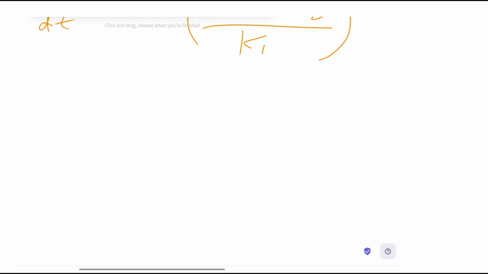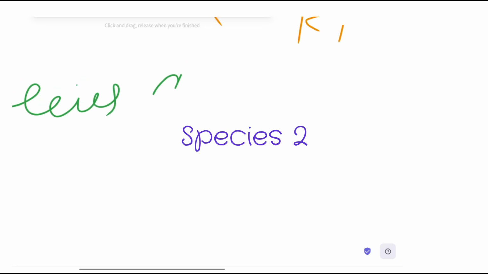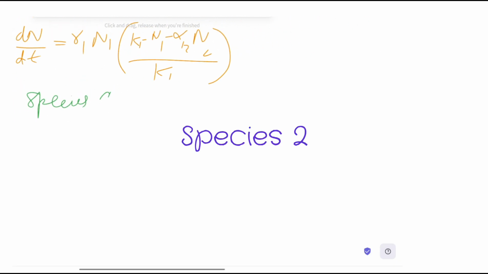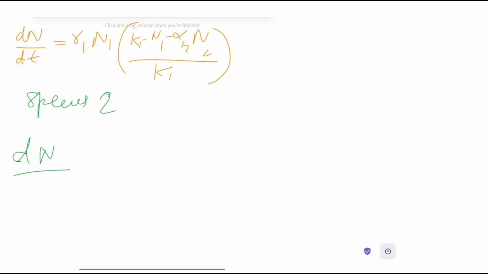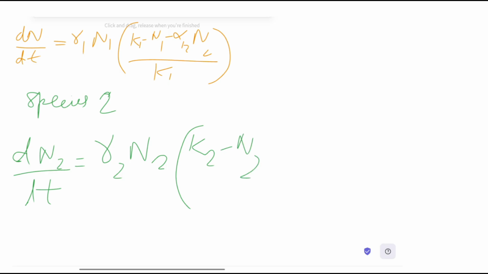For species 2, the equation will be dN2/dt = r2N2(K2 - N2 - alpha21 N1)/K2. For species 2 it will be like this.